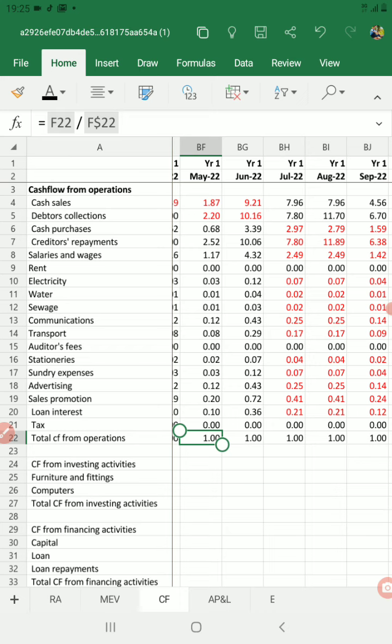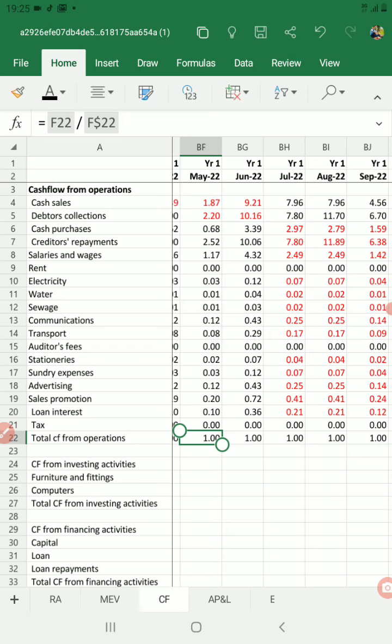And after that, the next tutorial is going to be on ratio analysis. And after ratio analysis, we will proceed from there. Okay?